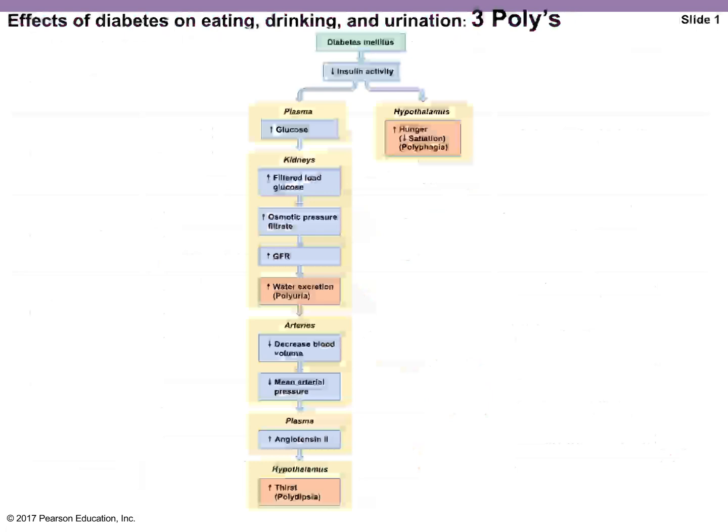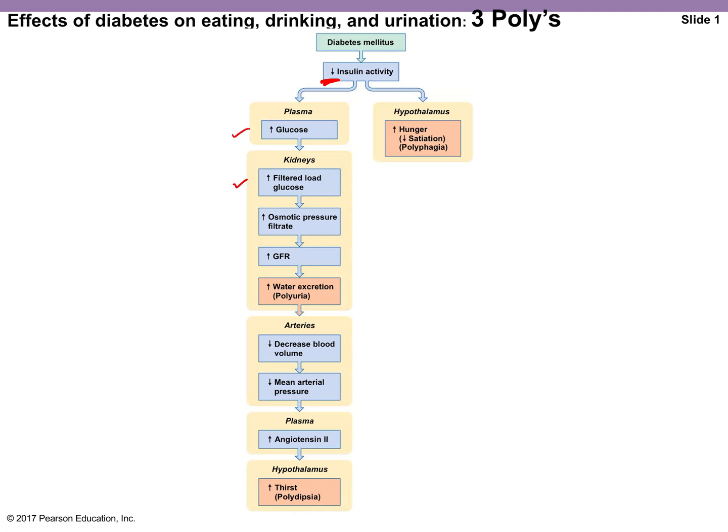I probably don't need to go over it with you guys, but diabetes, low insulin, and so the plasma will have high glucose. When you have high glucose, and we'll talk about this again, you're going to get a lot of glucose filtered out. Remember that the Bowman's capsule, right, all 100% of the glucose is filtered out. And then you need to reabsorb all of that glucose in the PCT.